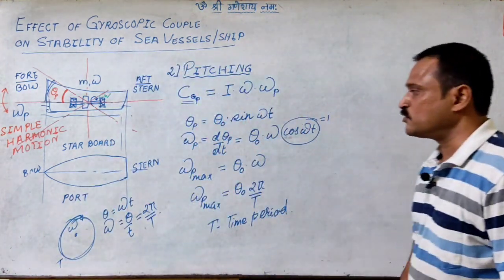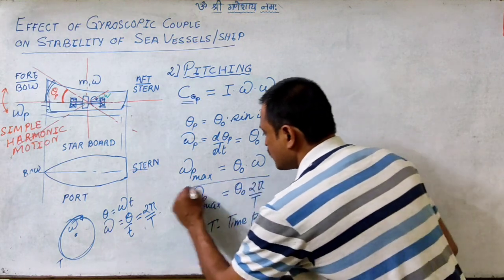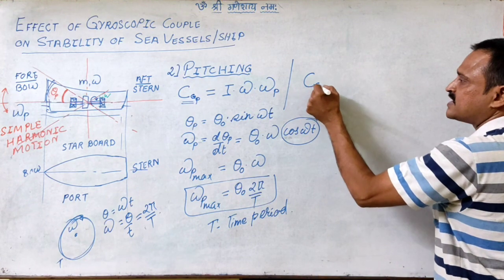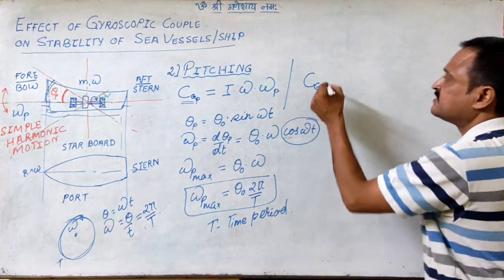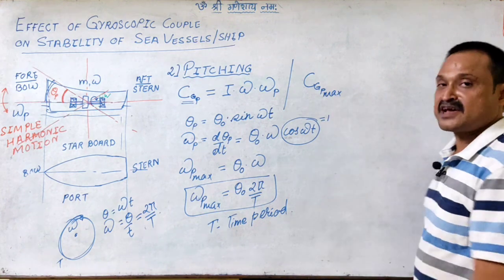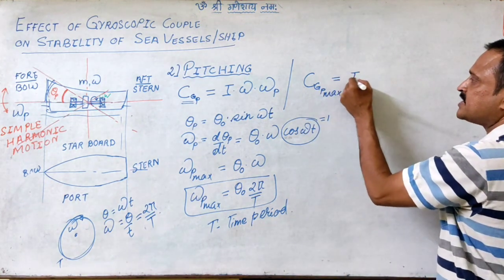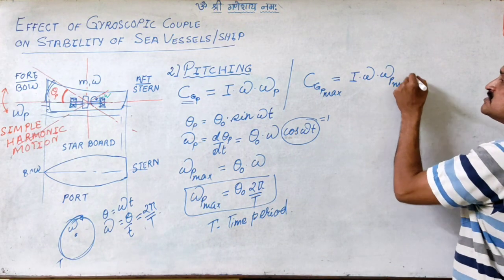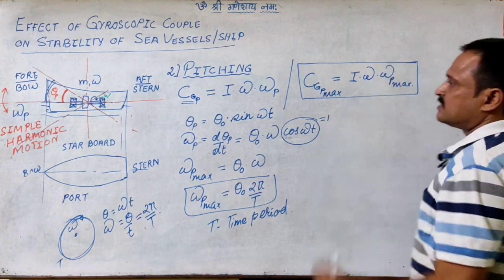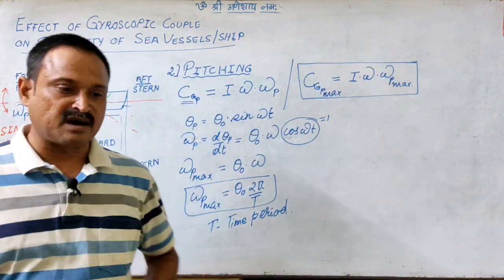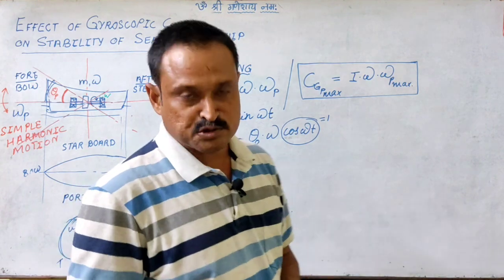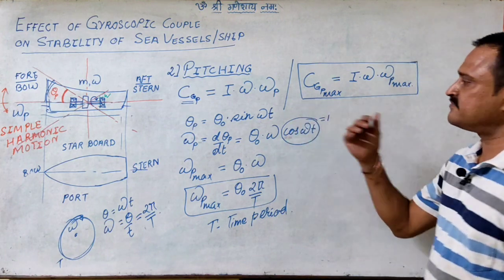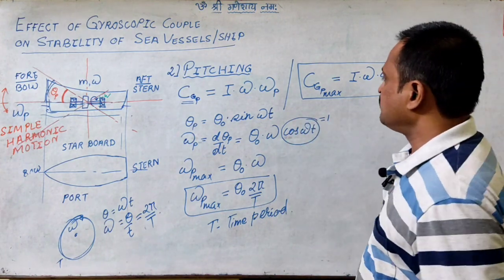When this is known, I will find out omega p max. So the magnitude of gyroscopic couple due to precession, which will be the maximum gyroscopic couple, is equal to I omega omega p max. This is how we determine the magnitude of the gyroscopic couple for pitching.